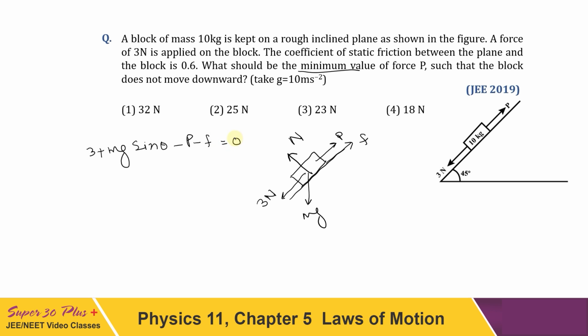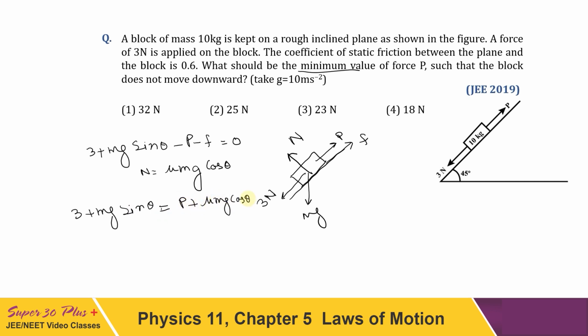As frictional force we can write mu into N, and N, as we can see directly, can be written as mg cos theta. If we substitute this value in the above equation, it will give 3 plus mg sin theta is equal to P plus mu mg cos theta.